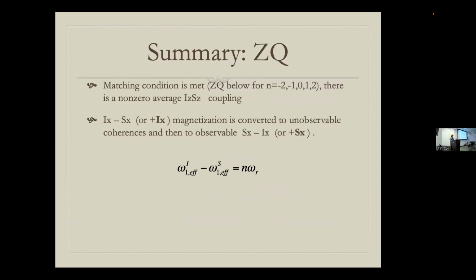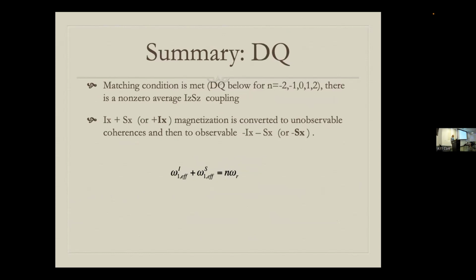So in summary, the zero quantum matching condition is met for that equation, the difference frequency matching a rotor frequency or a double, and you have a conversion of Ix to Sx. The double quantum matching condition regards the sum frequency.